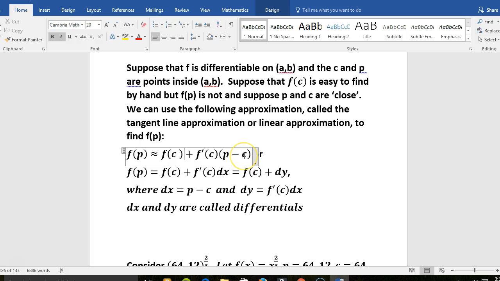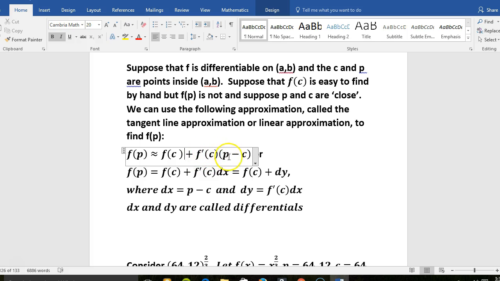Like let's just say c could be 2 and p maybe 1.99. Now f of 1.99 may be hard, but f of 2 may be pretty simple. And f prime of 2, you'd have to do the derivative first and then plug 2 into it afterwards. That's what this notation means. But that still may be a fairly easy thing to do.